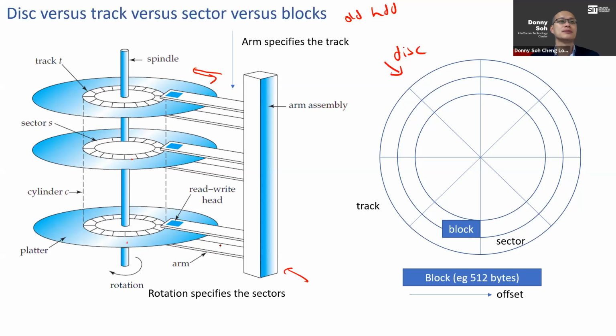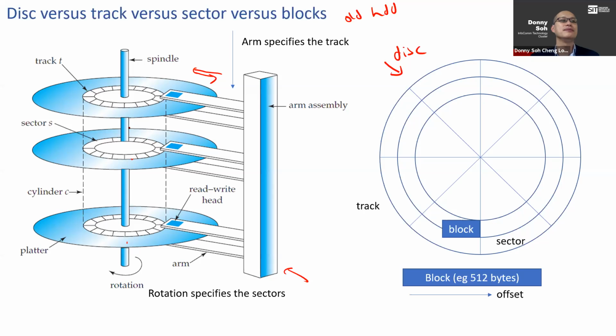From the specific platter, the arm will go in or out to decide which track you will be reading from.